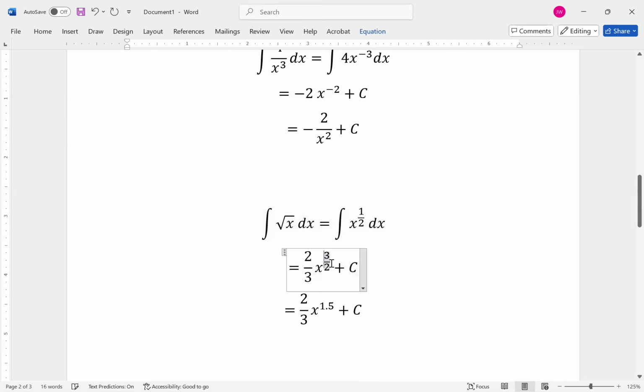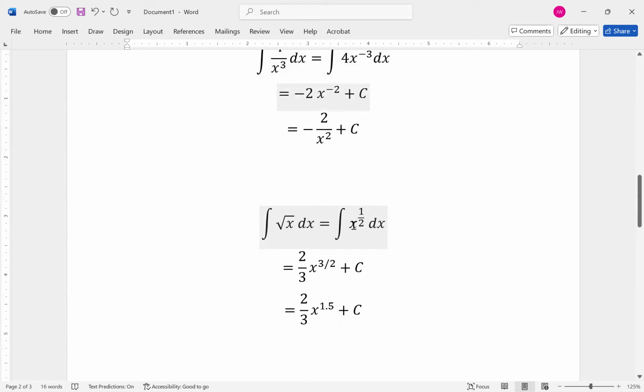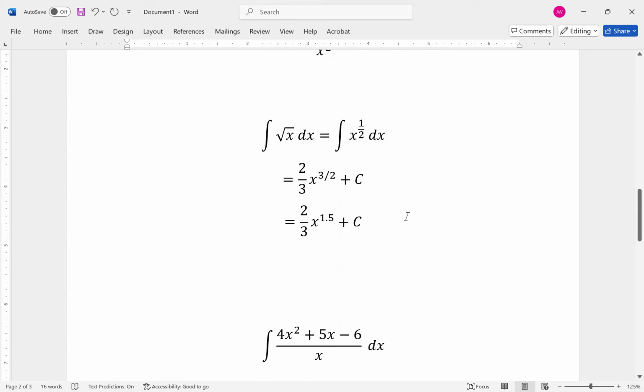Sometimes writing a 3/2 power looks a little bit messy, especially when I'm writing it here in this Microsoft Word program. But the key thing here is that x to the third in the denominator can be written as x to the negative 3 in the numerator. Square root of x is the same thing as x to the 1/2 power. Cube root would be x to the 1/3 power, and fourth root would be x to the 1/4 power, and so on and so forth.